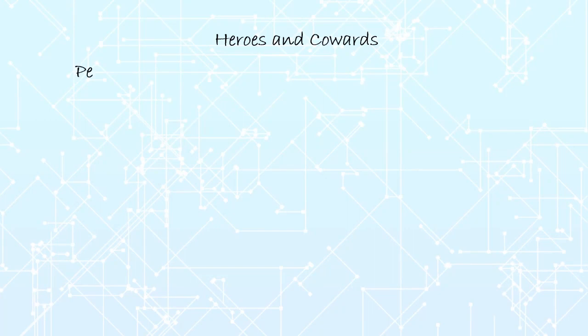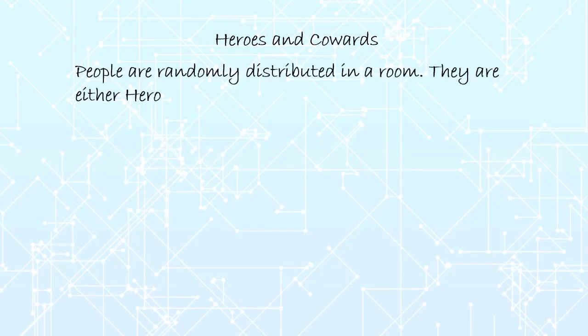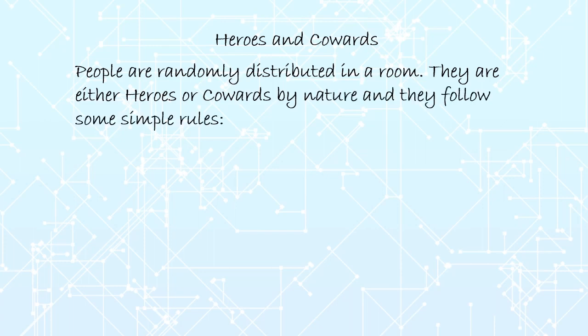There are a number of agent-based models which synthesise human behaviour in crowds, similar to that of birds in flocks. One interesting model with some surprising results is known as heroes and cowards. In this model, people are distributed randomly in a room. They are either heroes or cowards by nature, and they follow some simple rules.